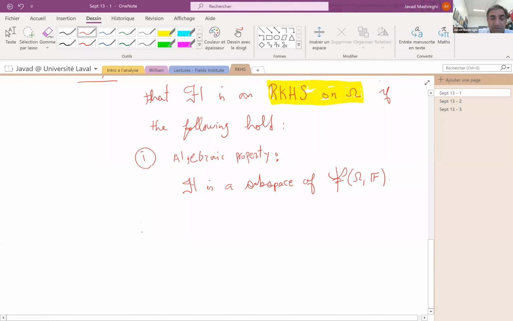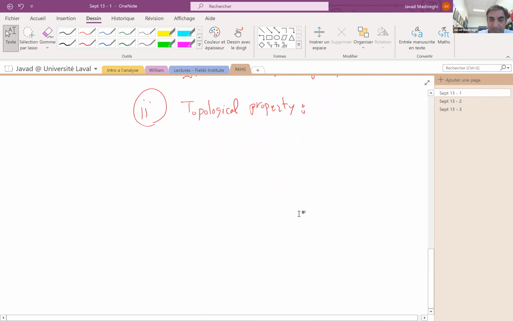The second, now a topology comes into the picture. Topological property. We assume that H is endowed with a Hilbert space structure.